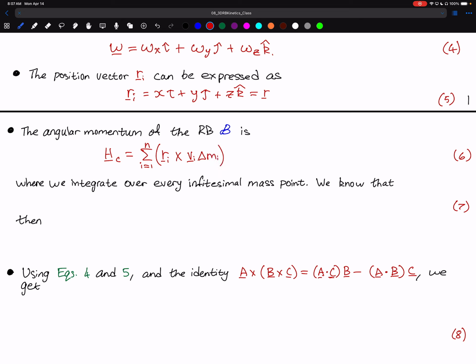Or we can write this as an integral, and we're going to integrate over our body of r crossed with omega cross r times dm. So we're doing an integral with respect to the mass of the system, or the relative volume integral with respect to mass.